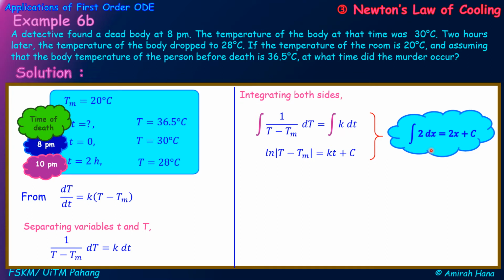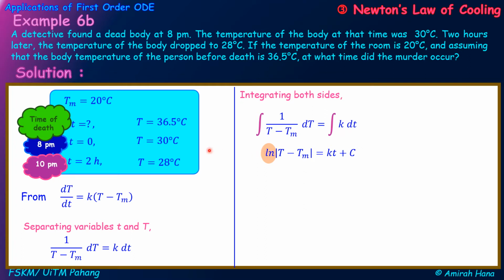Let's say we want to integrate constant 2 with respect to x. The answer equals 2x plus c. Now we want to integrate constant k with respect to variable t. So we get kt plus c after we integrate. And after we integrate, there is no more integration sign.